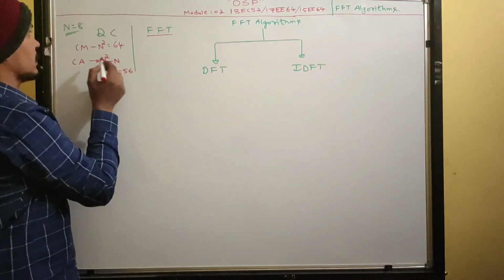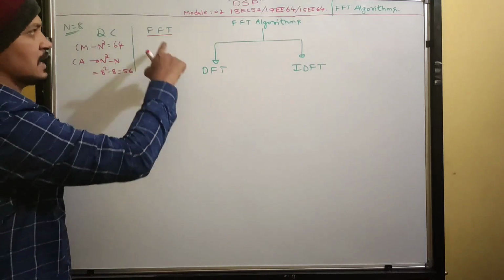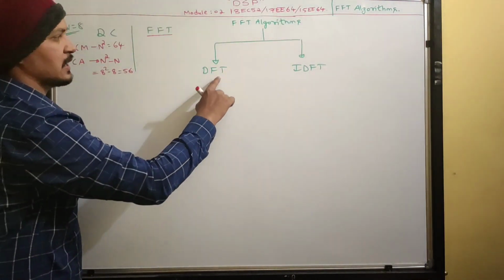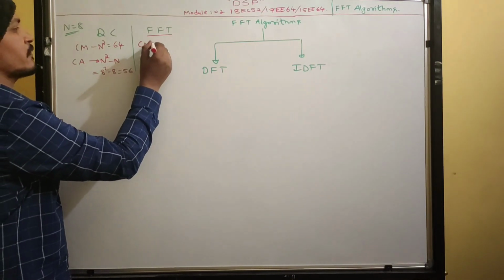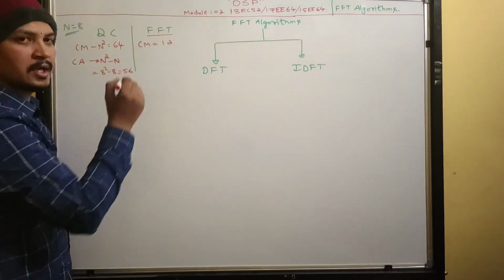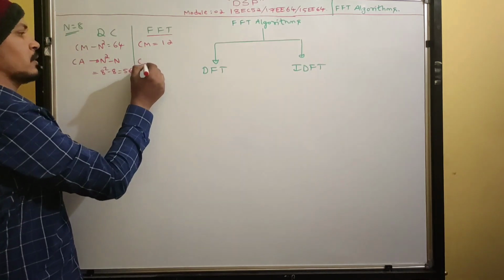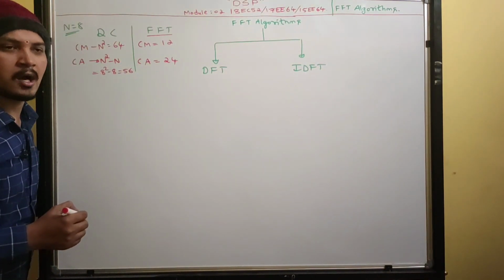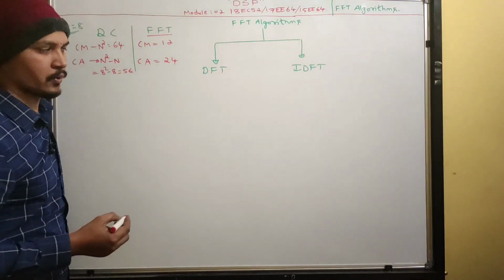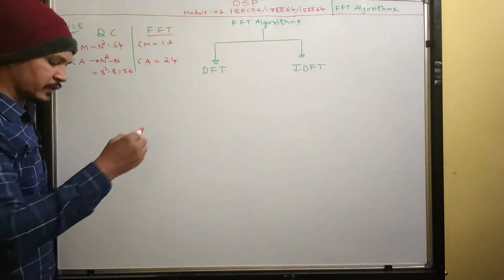If I compute an 8-point DFT with the FFT algorithm, the number of complex multiplications required is only 12, and complex additions required are 24. See, how 12, how 24 only?